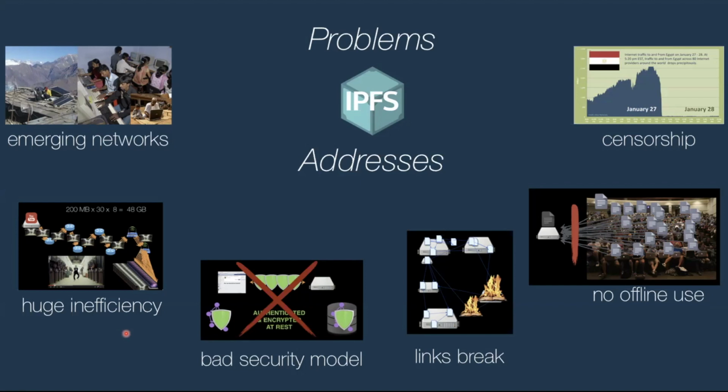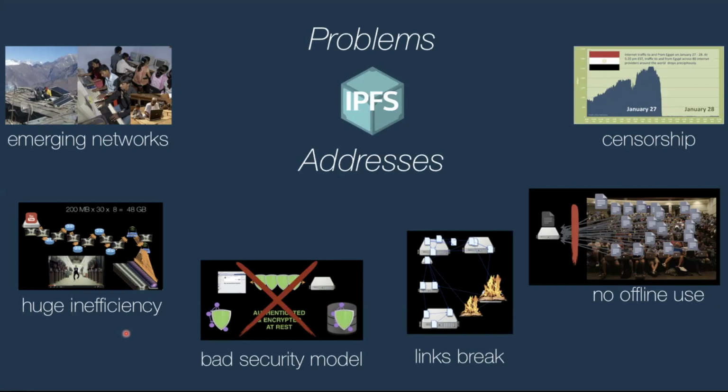Also, the current model does not allow for offline use, which is again hugely inefficient. IPFS is not necessarily solving all these problems, but it's attempting to build a network stack that will allow others to build applications on top and overcome those problems.